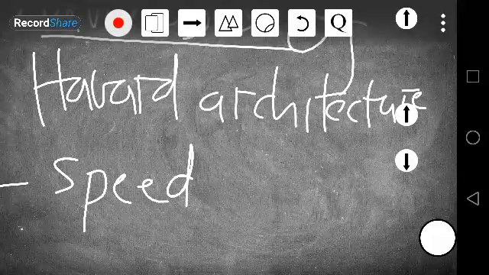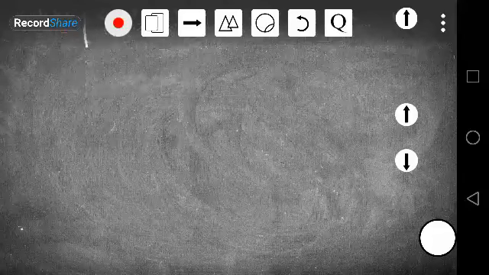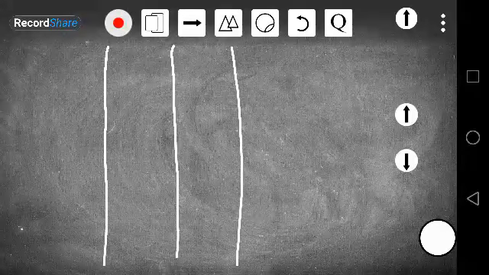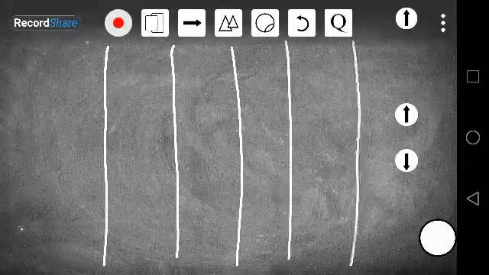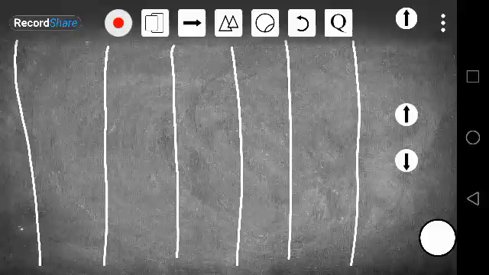And if you realize nowadays, modern computers are now using the Harvard as opposed to the von Neumann architecture, meaning speed. So what am I saying? Let me draw a diagram so that you understand what I'm talking about.